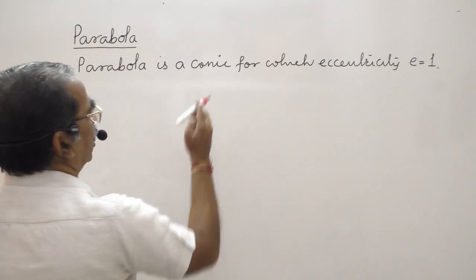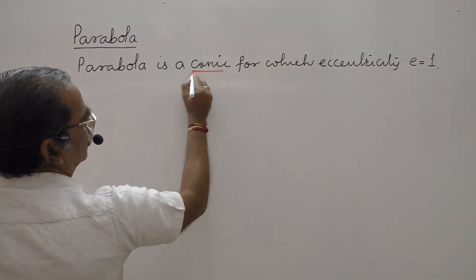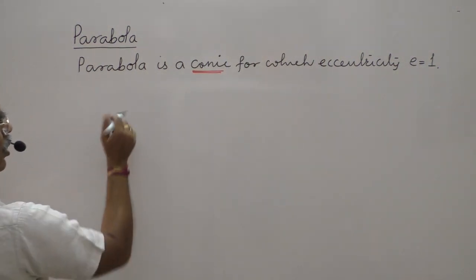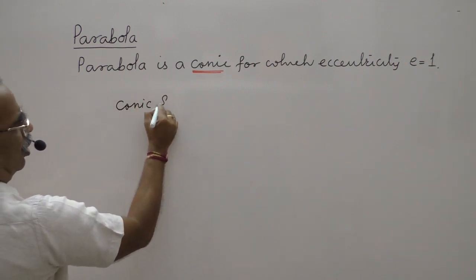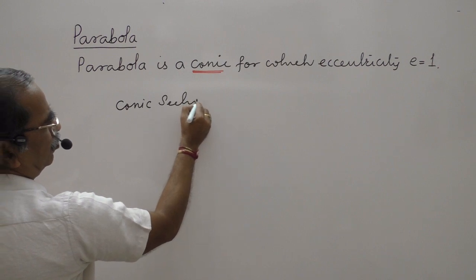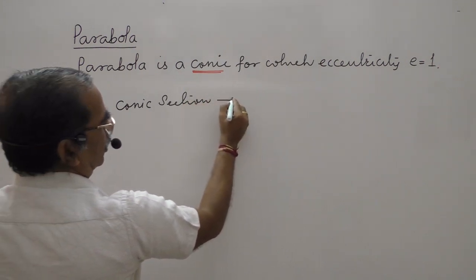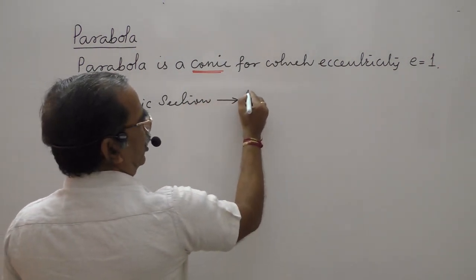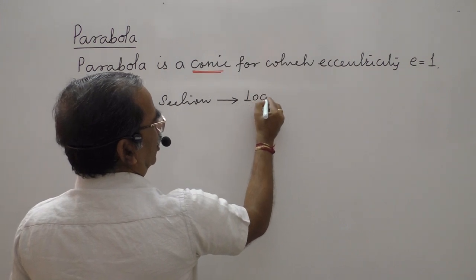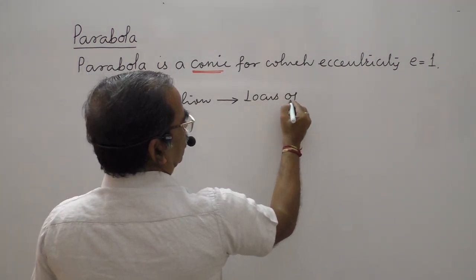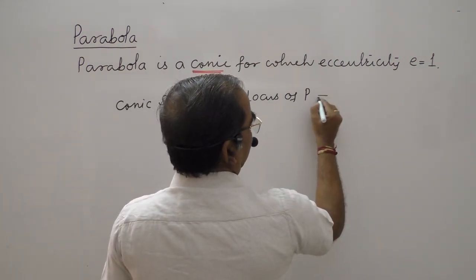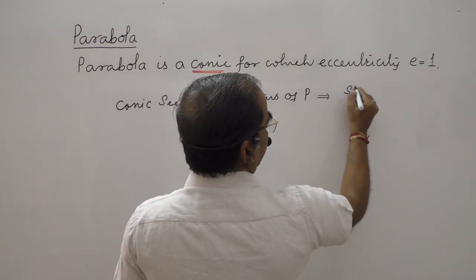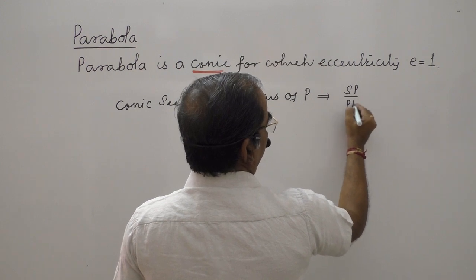So I said parabola is a conic. Then what is a conic? We have seen in the last video. Conic or conic section. What is a conic section? By the definition, it is the locus of a point P satisfying the condition SP by PM is equal to e.